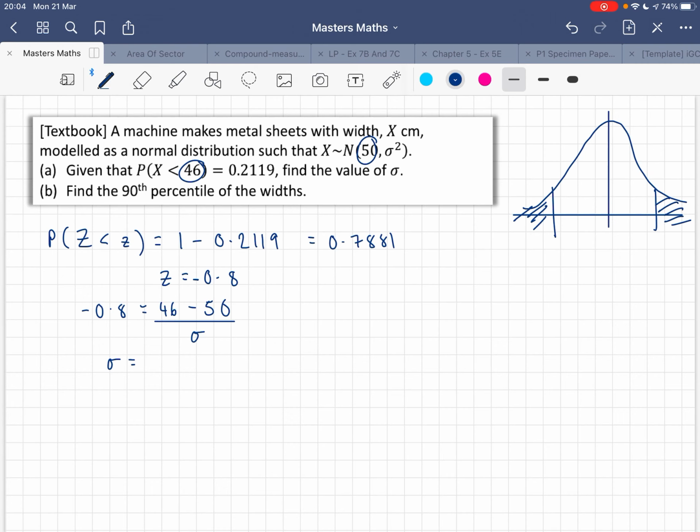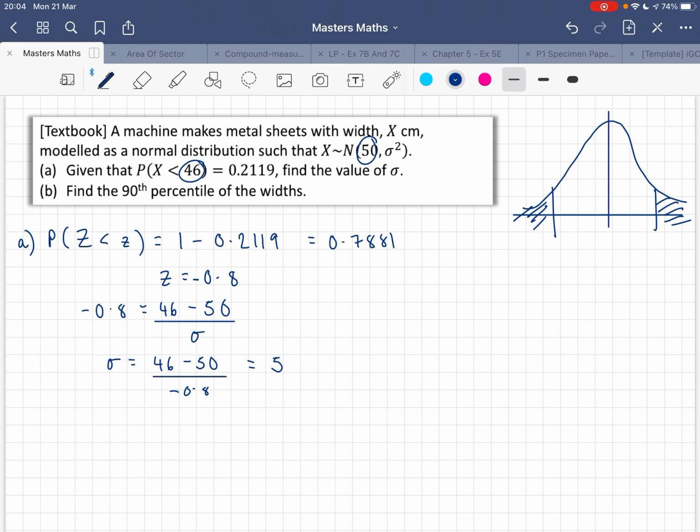So I end up with sigma is 46 minus 50 divided by negative 0.8, which, let me type it into my calculator, gives me a standard deviation of 5. Again, let me just check that is right. Sigma is 5.